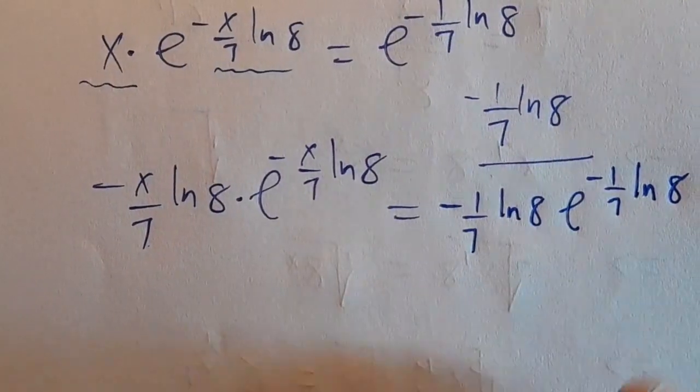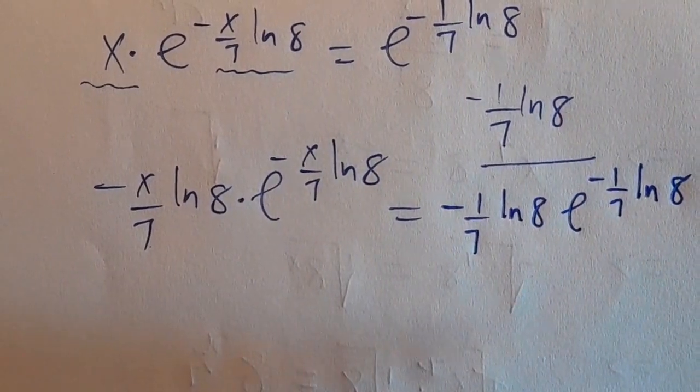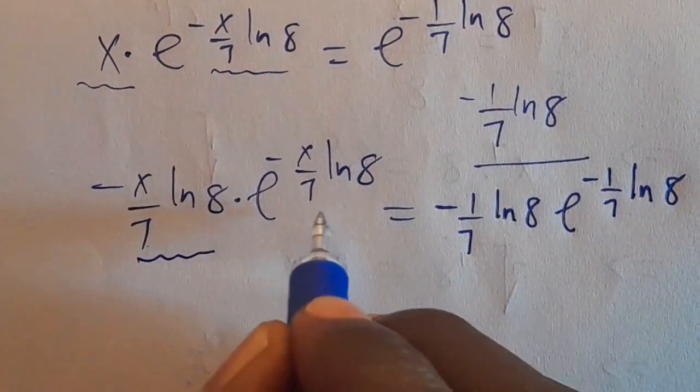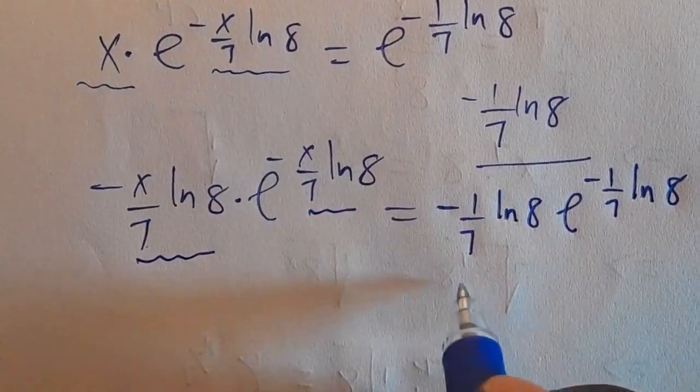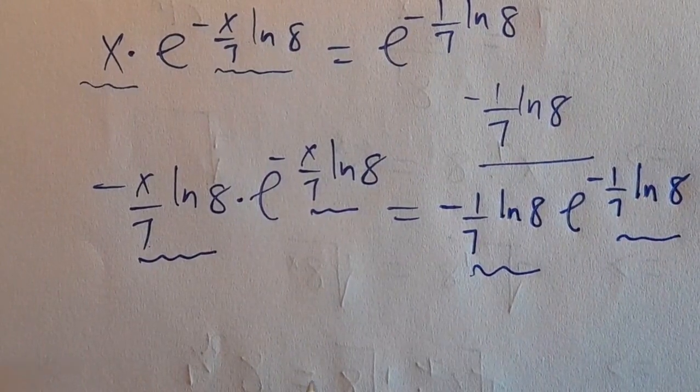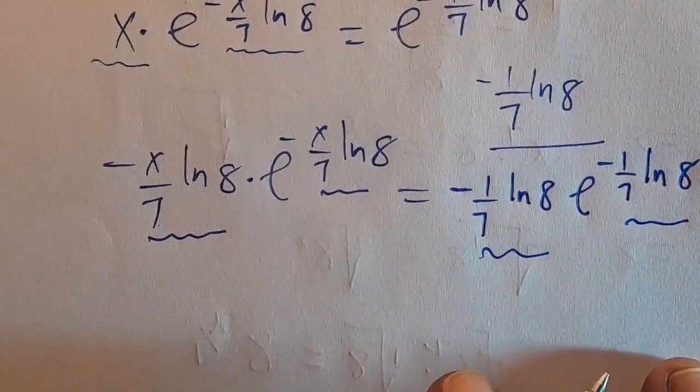So, merely looking at the left and the right hand side of our expression, we can see that the base and the power are the same here, and the base and the power are the same here. So we can easily apply the Lambert W function.